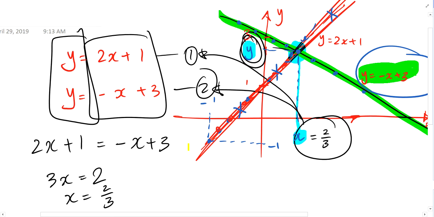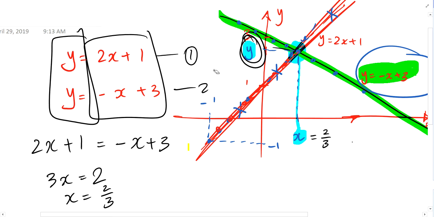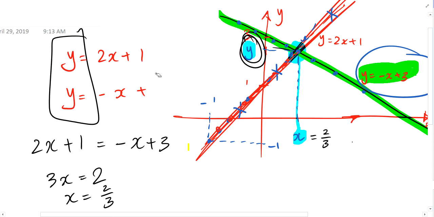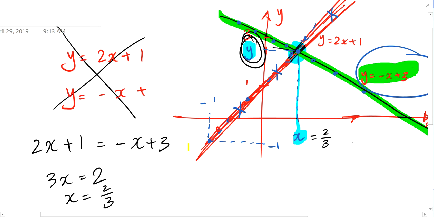Am I right? Okay, now that we understand all these basics, we can talk about what happens if the question doesn't give you these two simultaneous equations, so this one pretend it doesn't exist. What if the question says, use a graph to solve the yellow equation? What will you do?